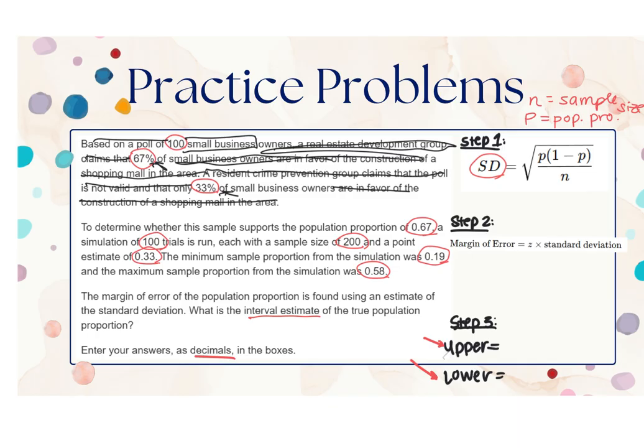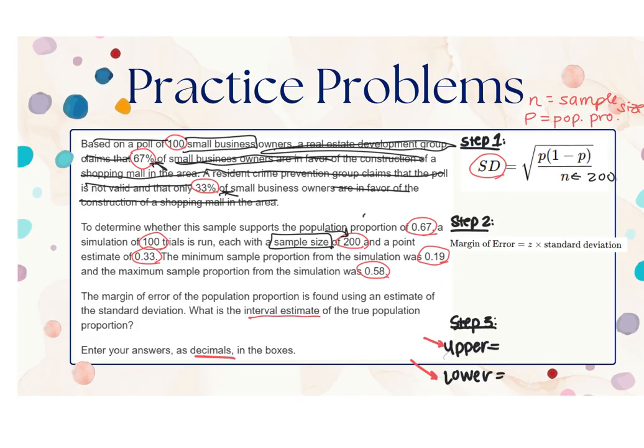Now, to determine whether this sample supports the population proportion of 0.67, a simulation of 100 trials is run with a sample size of 200. So this is our sample size. So we're going to plug in our 200 for N. And a point estimate of 0.33.